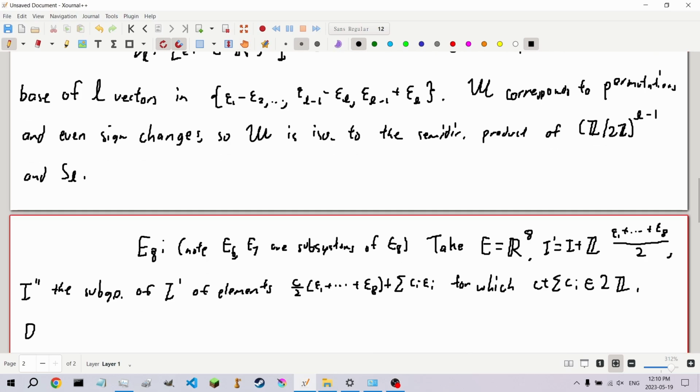We now define our root system to be the set of elements in I double prime of length 2.